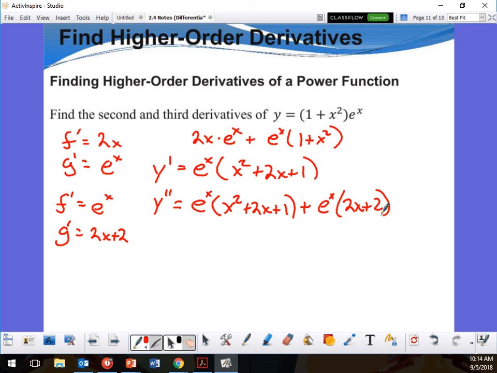Yes? Factor that out, so it's still my y double prime, e to the x, and I'm left with x squared plus 4x plus 3.